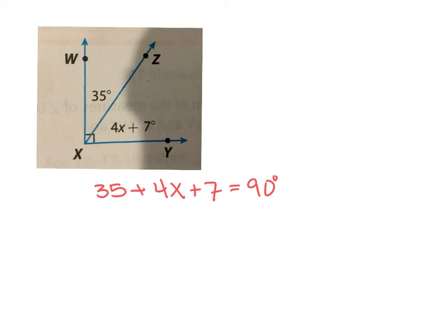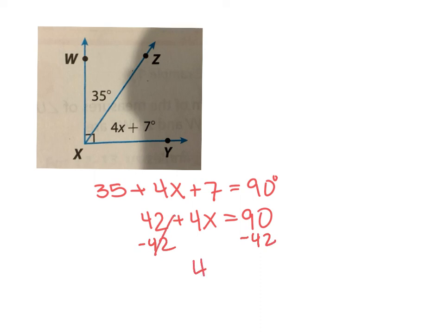Well, first let me take care of these like terms. These are like terms. Let's put them together as a positive 7 and a positive 35 for a total of 42. Now I can do inverse operations to isolate my variable x, starting by taking 42 away from this side and from this side.